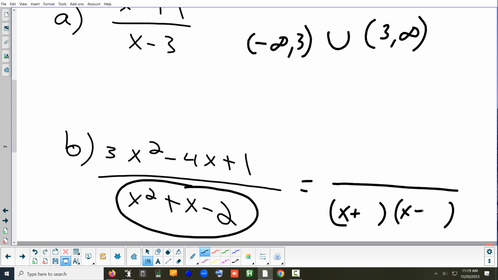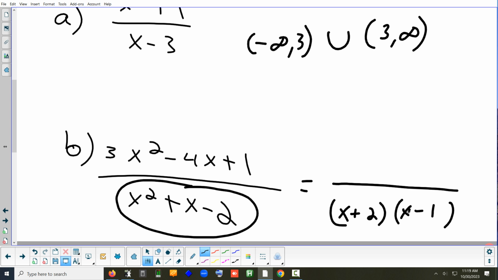Now we need two numbers that multiply to give us 2. 2 and 1, and I would do the 2 in the plus. Exactly like you said. Yeah, 2 and 1. Let's check it. So we get x squared minus x plus 2x minus 2.